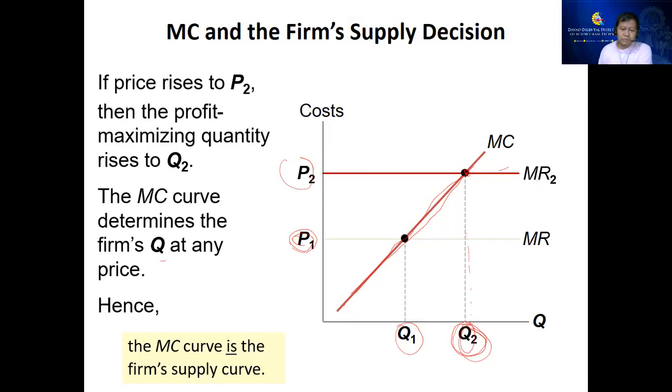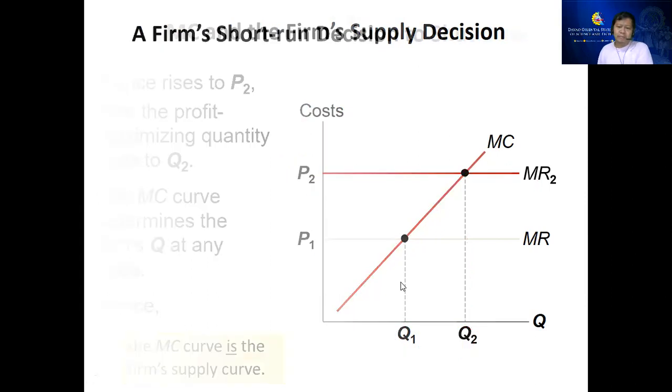The intersection between the MC and marginal revenue determines the price as well as the quantity to be supplied or produced by a firm. Okay?